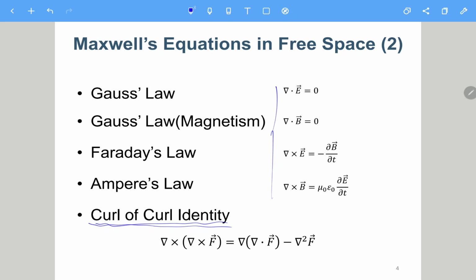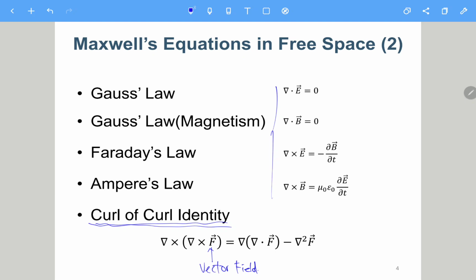So in the identity, F, as we have mentioned before, is a vector field, just as I introduced with divergence and curl. This is an arbitrary vector field, so it may be the E field, B field, or any other vector field.